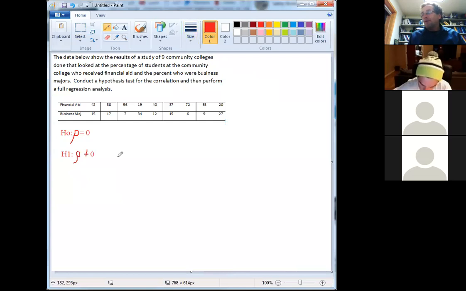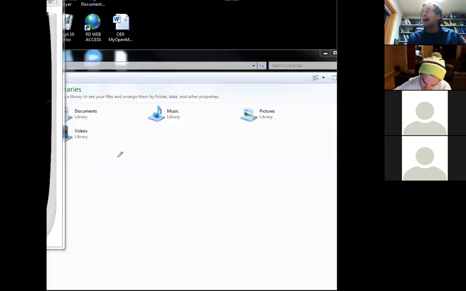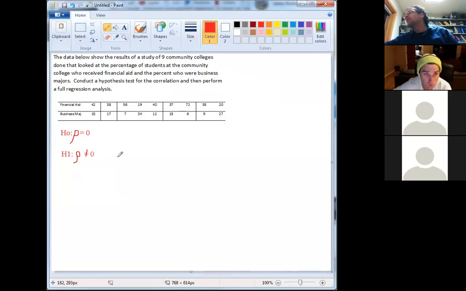So if the correlation is 0, then the whole regression analysis is useless, because that means the regression line is a terrible fit. It's not useful to predict. If the correlation is not 0, that means we do have a useful model for regression analysis. Any questions so far?